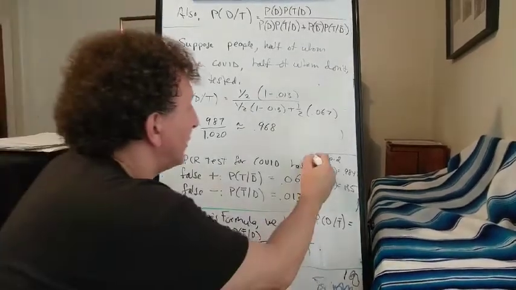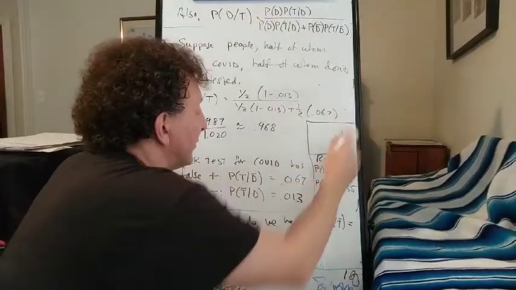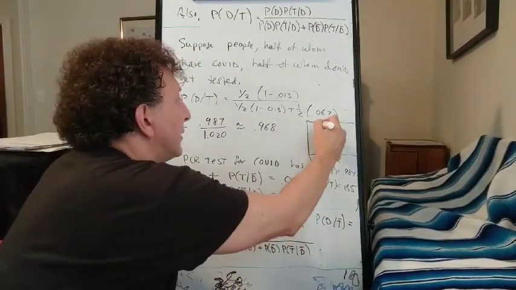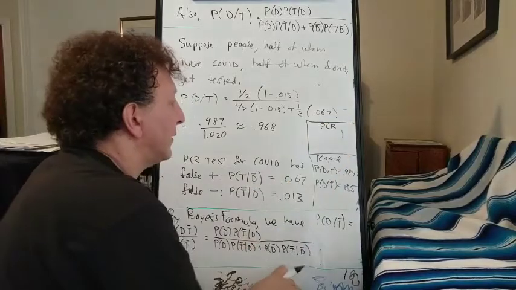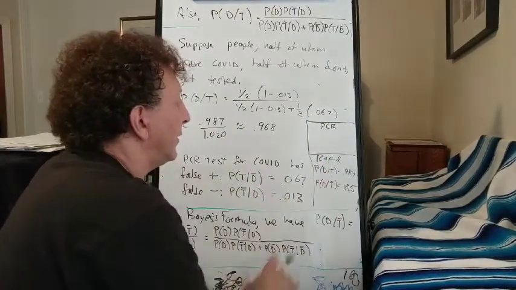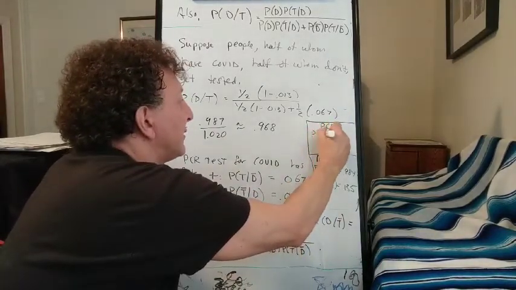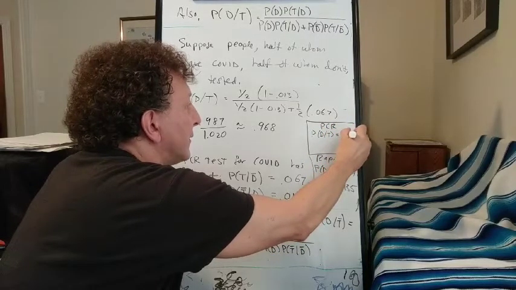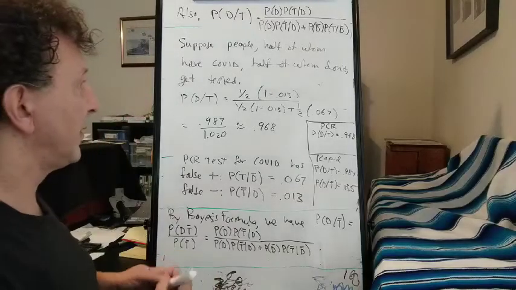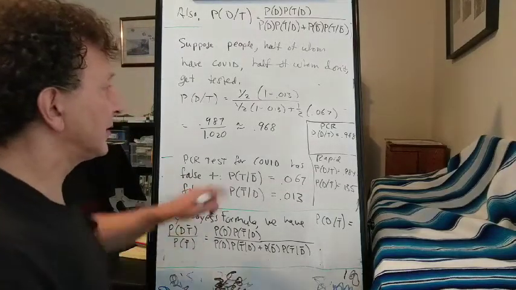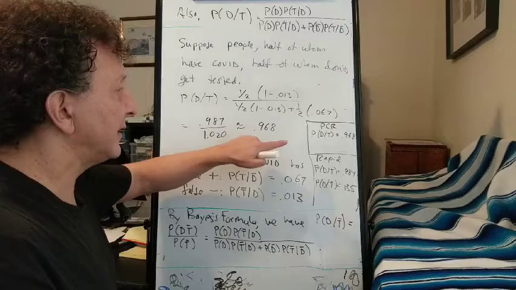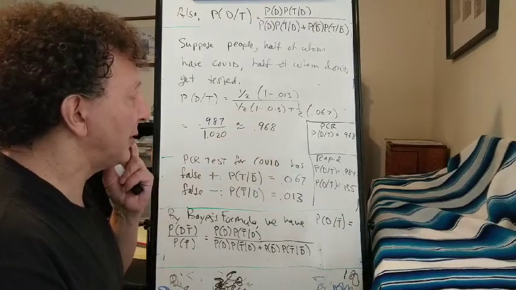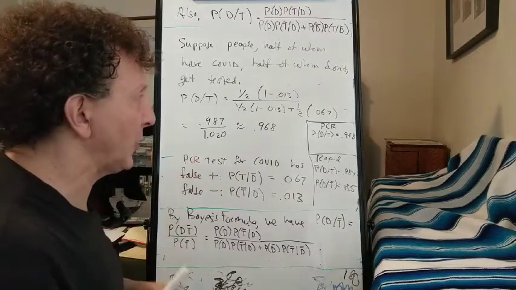So let me make another box here for the PCR test. So the probability of having disease given a positive test is 0.968. So it looks like this test is going to tell a couple more people that they have the disease who really don't.